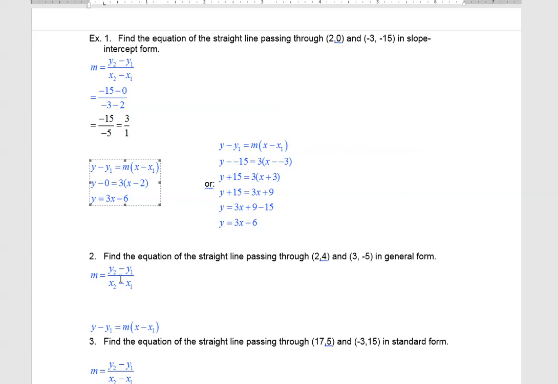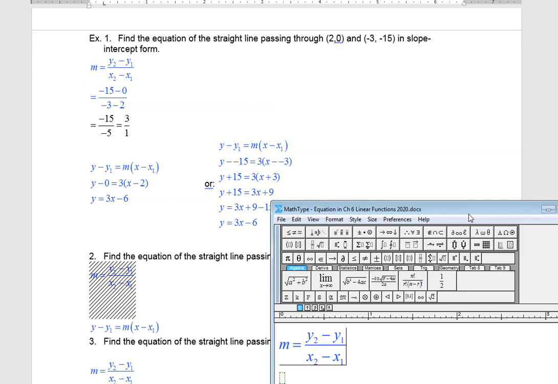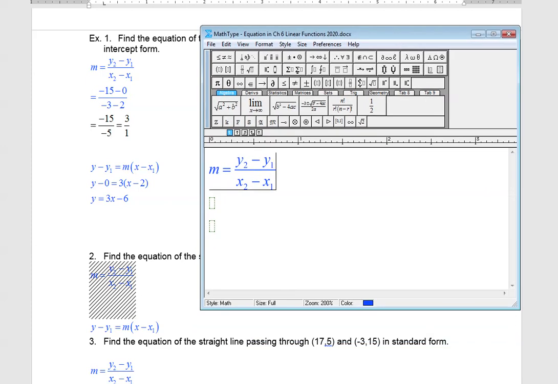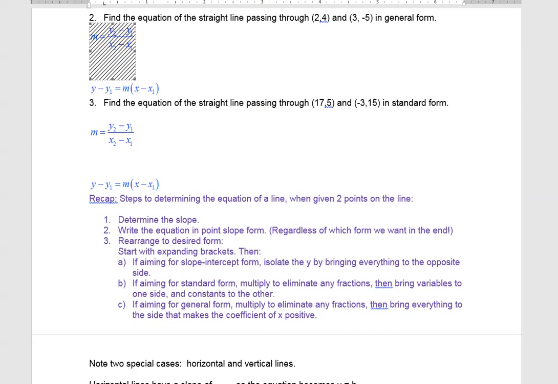Okay, so the next one: find the equation of the straight line passing through (2, 4) and (3, -5). So again, our first step, determine the slope. I'm going to have to scroll this up a little bit so that I can see the points.